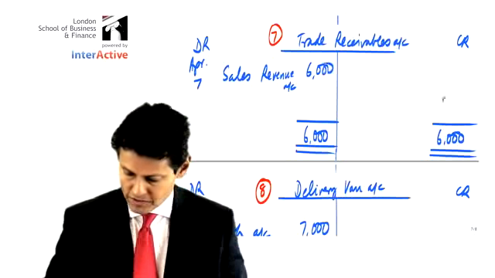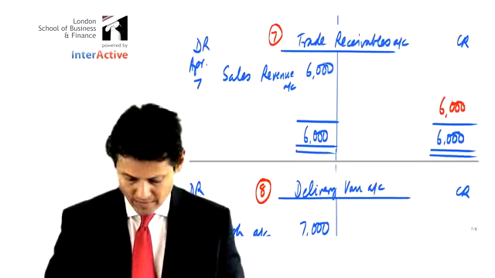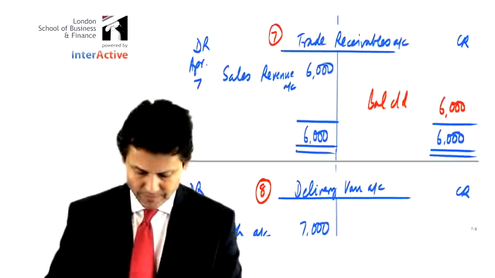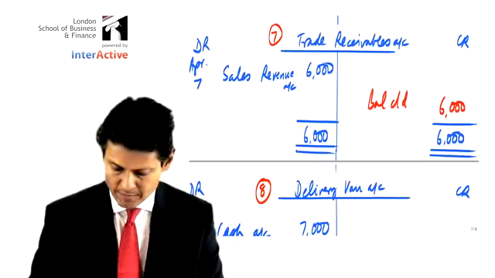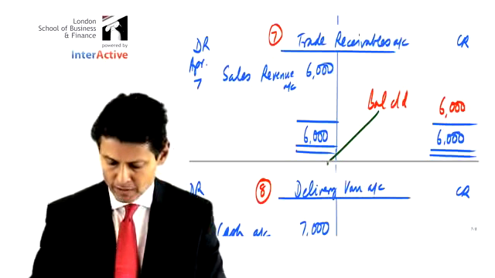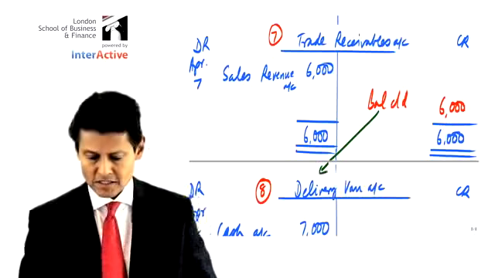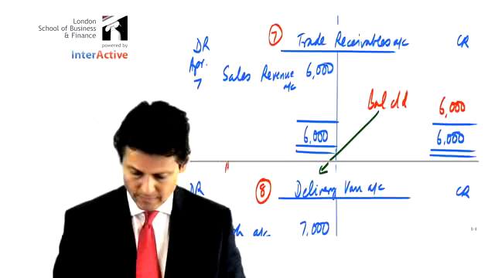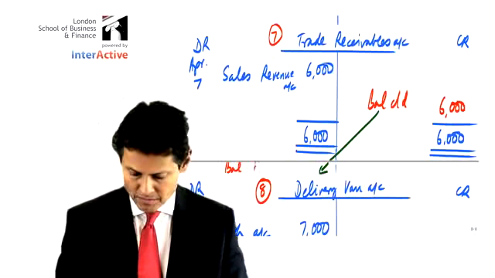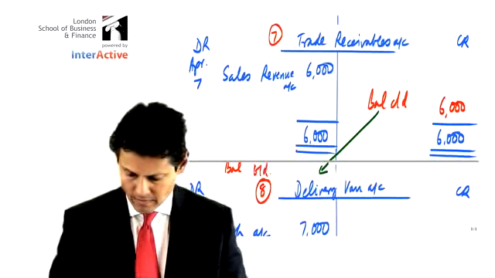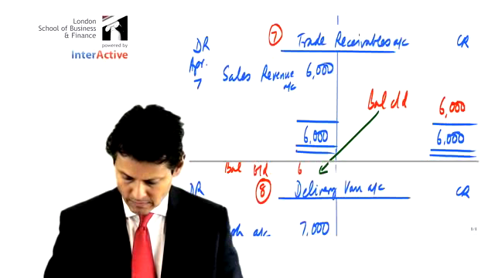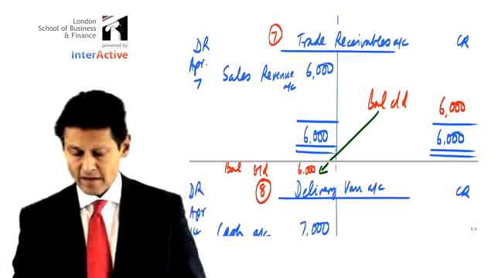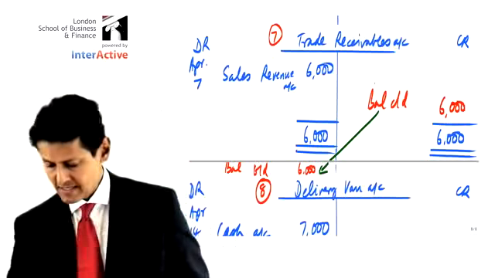The difference, of course, is 6,000, and that is a balance carried down, which becomes the balance brought down below that line. Still under trade receivables, do be careful. So we have balance brought down, 6,000. Delivery van next.